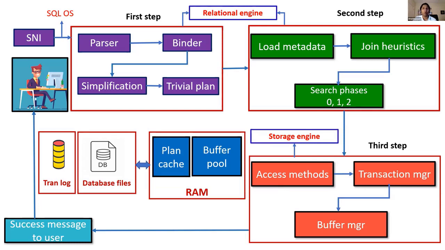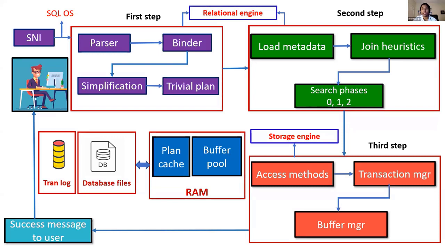In this step, the components need most of the metadata to process any query. And when it comes to the third step, there are the access methods, transaction manager, and buffer manager components. These 3 components are very IO intensive and very resource consuming, because they come under the storage engine.